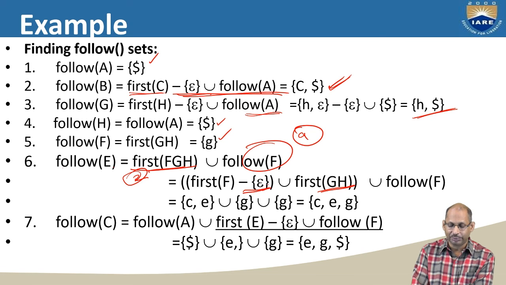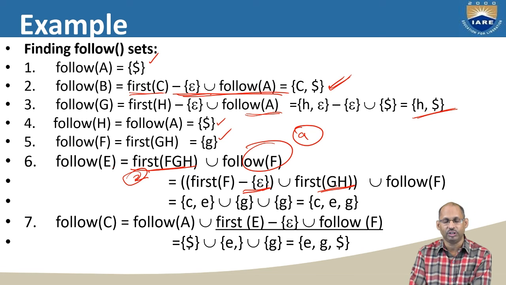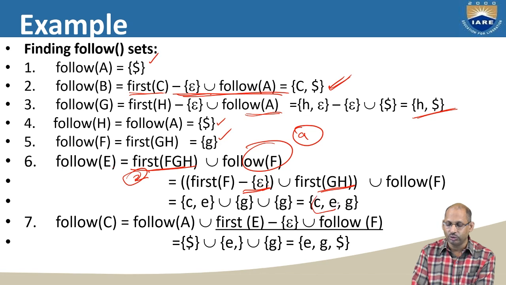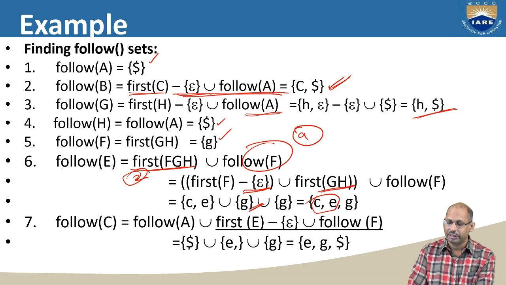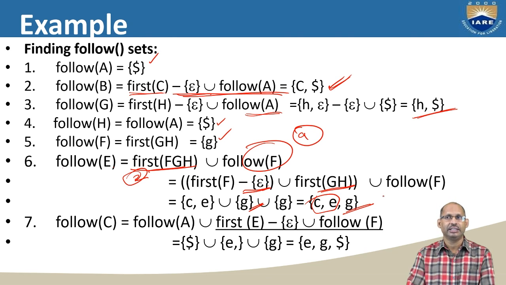Since F has epsilon, we are considering first of GH, which results in C and D. Then first of G is G only, then follow of F is once again G only, so finally we are getting C, E, G. So we are considering C, E, G.